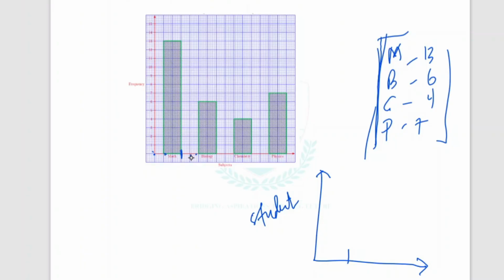So also you can have another space, 1 2 3, 1 2 3. So you can come up with your appropriate scale.